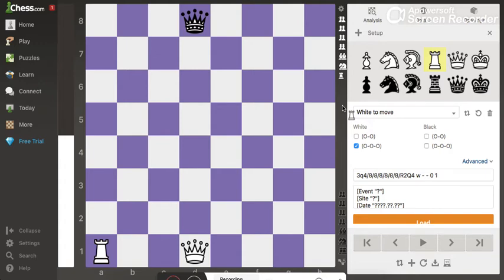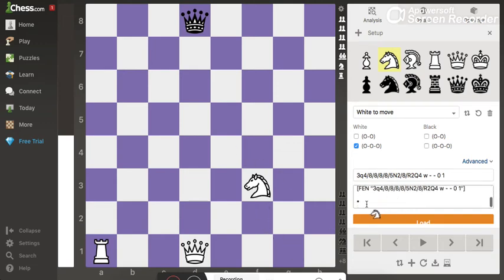Okay, so this is A1, this is A2, this is A3, same B1, B2, B3. Suppose this is my knight. When I place it here, the spelling of knight starts with K, but while writing notations we write N. So you can say Nf3.